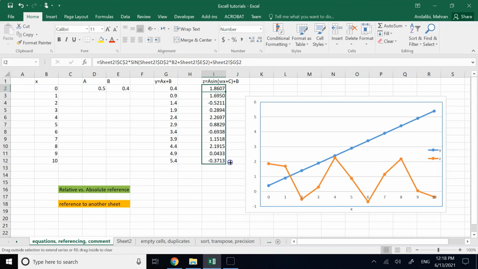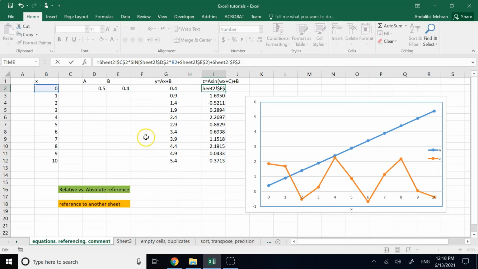This is what I had with G2. Now, take a look again. If instead of G2, I change it to F2, so I'm changing my reference cell, not the value of it, when I update that in the formula for this cell, is that going to update the rest of them? Look, I enter, but you see the rest of them have not been updated. Only the first one does.